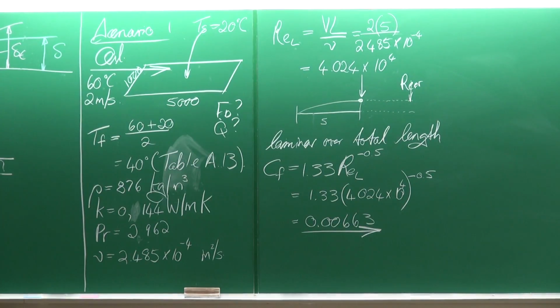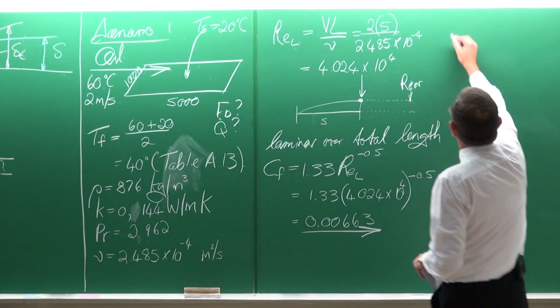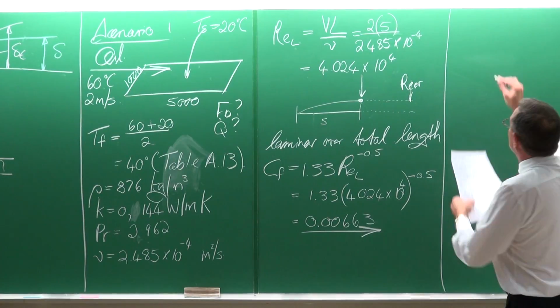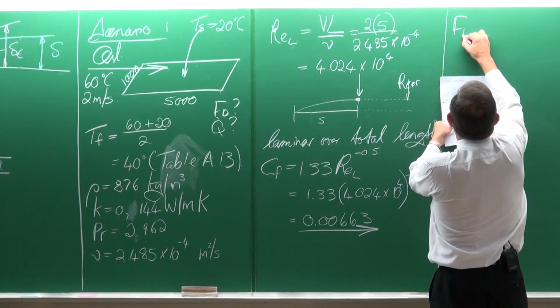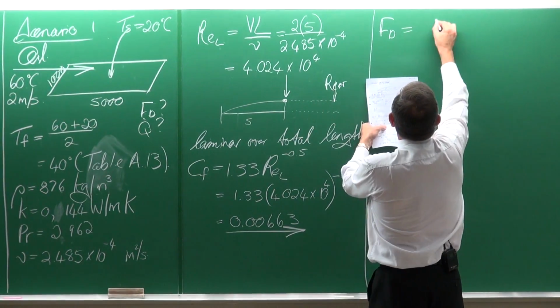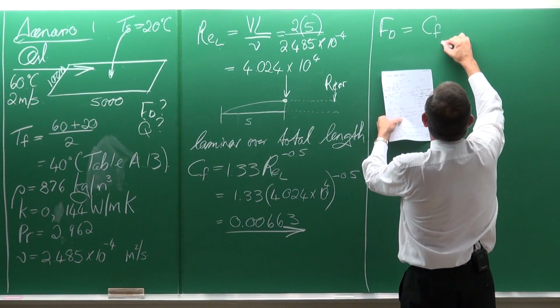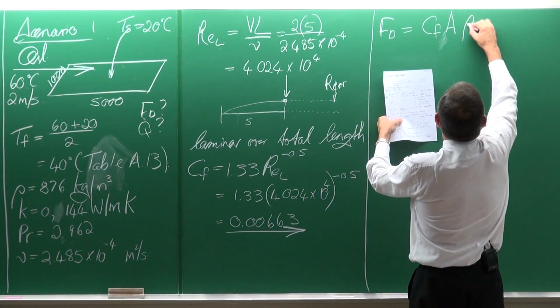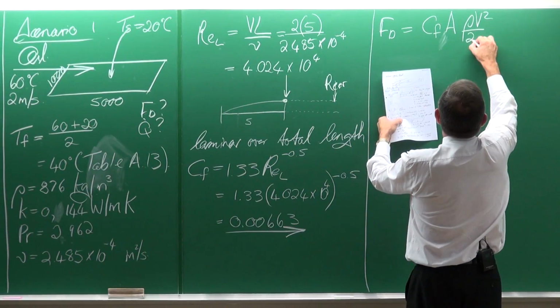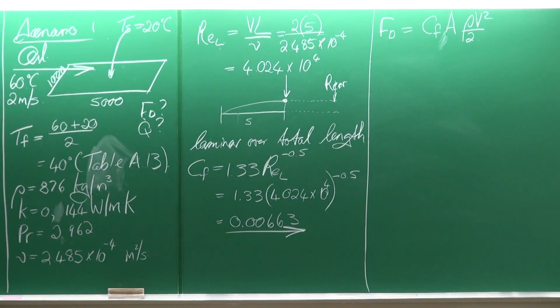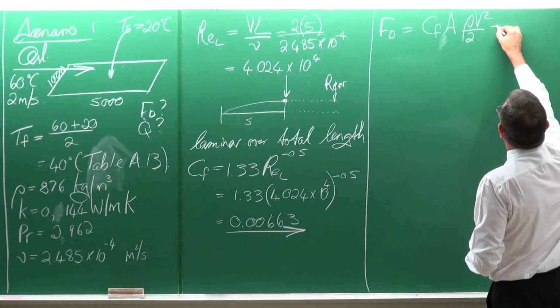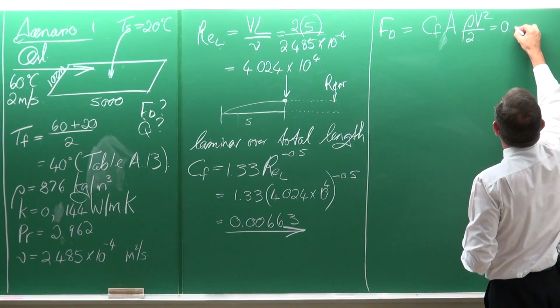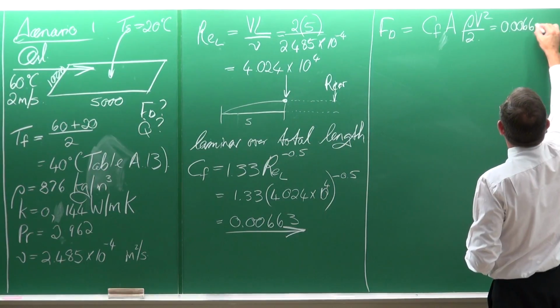Okay? If we've got the friction coefficient, it's very easy to calculate the drag force. The drag force is equal to the friction coefficient multiplied by the surface area multiplied by rho v squared divided by 2. The friction coefficient is equal to 0.00663.